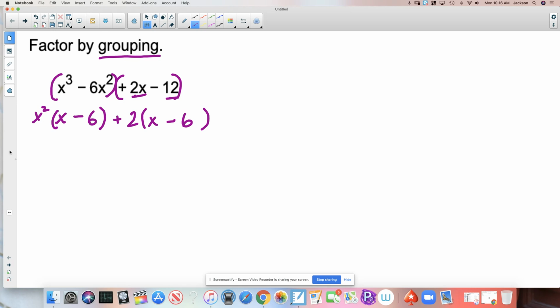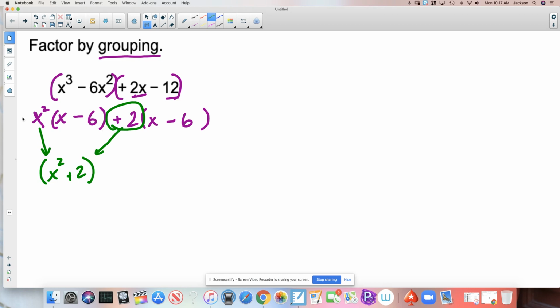Now, where we go from here is a bit odd. And again, we'll explain how and why this works in a second. But after we do this, we take the two pieces, the two factors that were taken out of each respective group, and we put them in their own binomial. So the x squared and the positive 2, right?